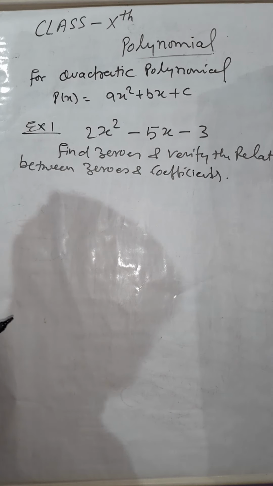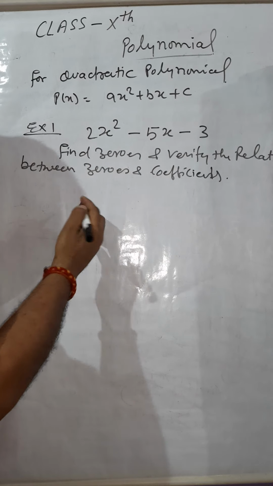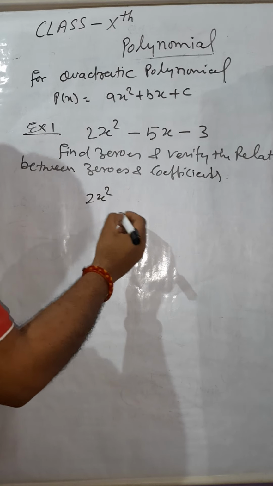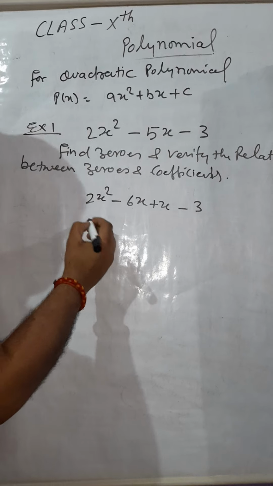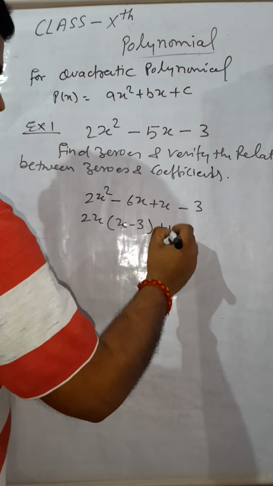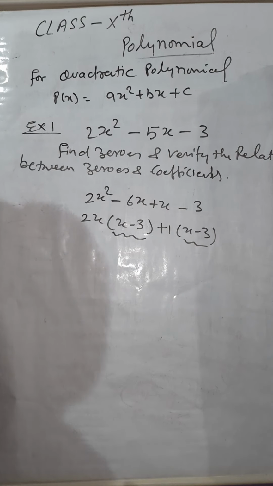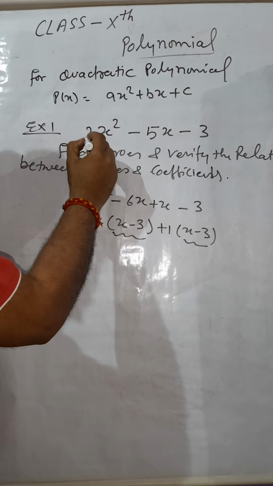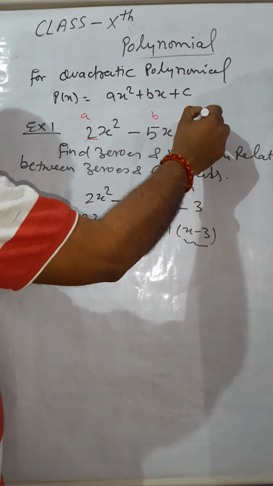So this is a quadratic polynomial. Firstly, we should find the factors of this polynomial. 2x square minus 6x plus x minus 3. 2x into x minus 3 plus 1 into x minus 3. This is common in both. Firstly, what is required? We should use, this is a, this is b, and this is c.